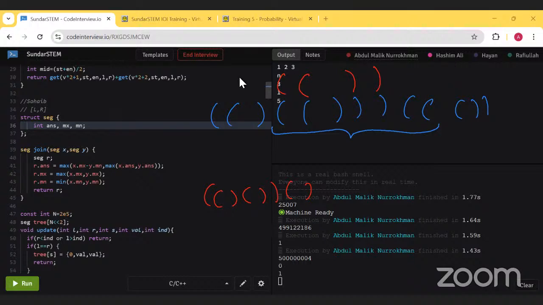Longest subsequence, not subarray. Actually, yeah, of course not subarray because the option is only subsequence or substring because this is a string, not an array. But in this problem, we use subsequence, not substring.